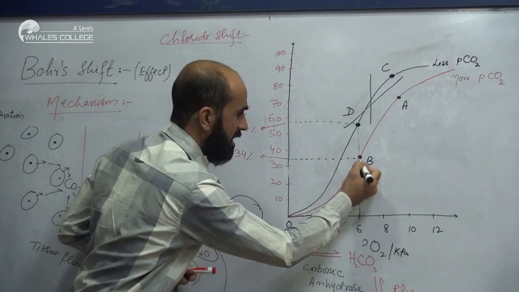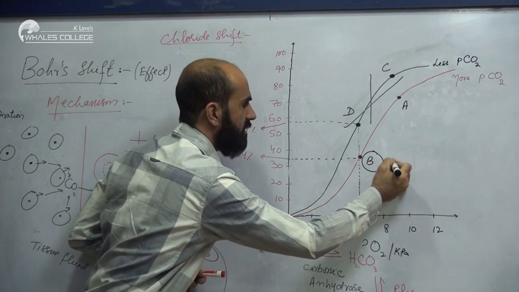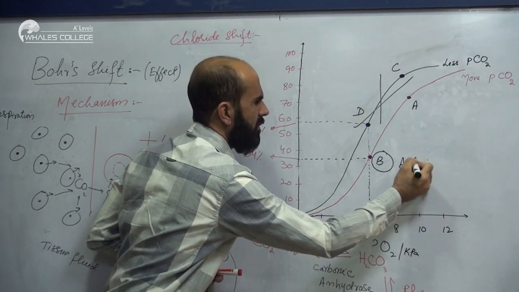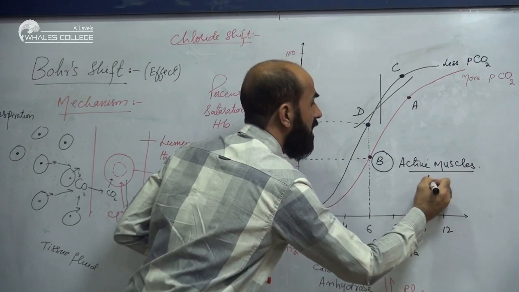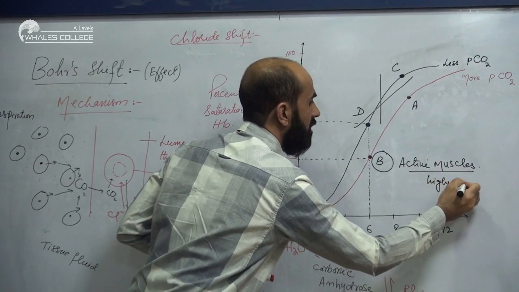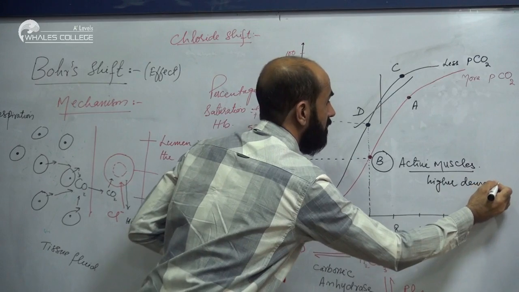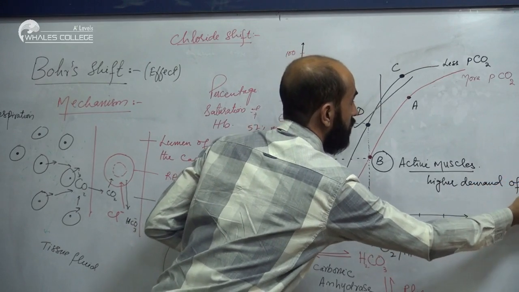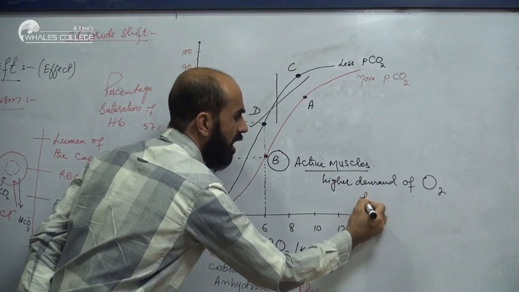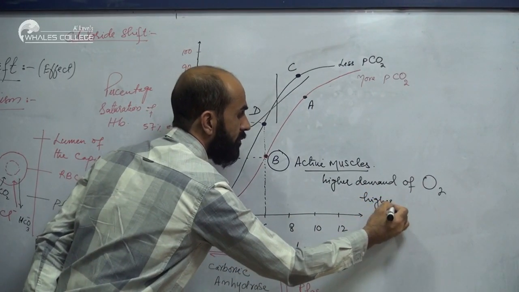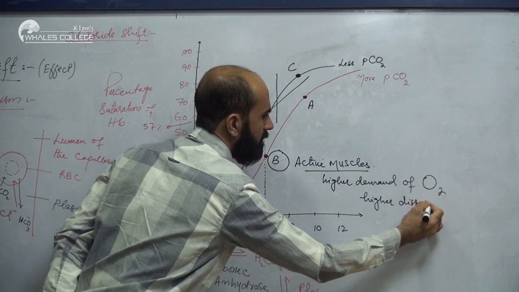So point B represents the active muscles, because they need a higher demand of oxygen, and for a higher demand of oxygen there should be a higher dissociation rate.